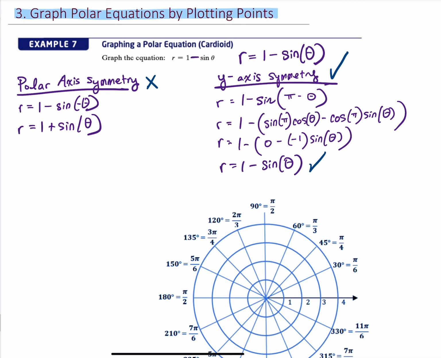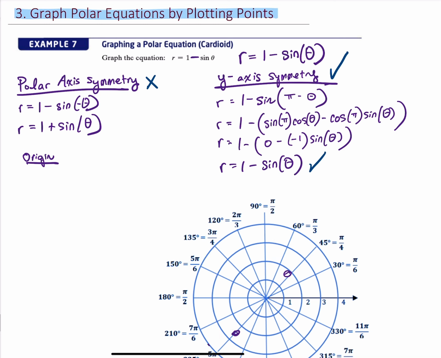For being symmetric across the pole, or we can say origin symmetry, we replace theta with theta plus pi. And we should already expect, we're dealing with the sine. The sine will have opposite values across the unit circle. Like it's positive in the first quadrant, but negative in the third quadrant. It's positive in the second quadrant, and then negative in the fourth quadrant.